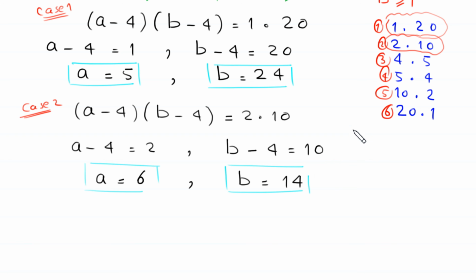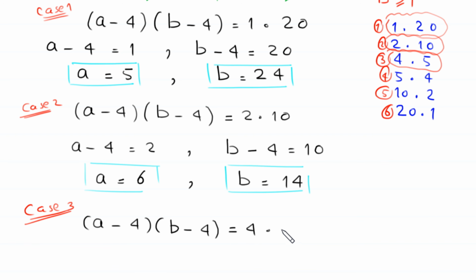Now we solve this third case: 4 times 5. In case number 3 we write these factors: a minus 4 times b minus 4 equal to 4 times 5.